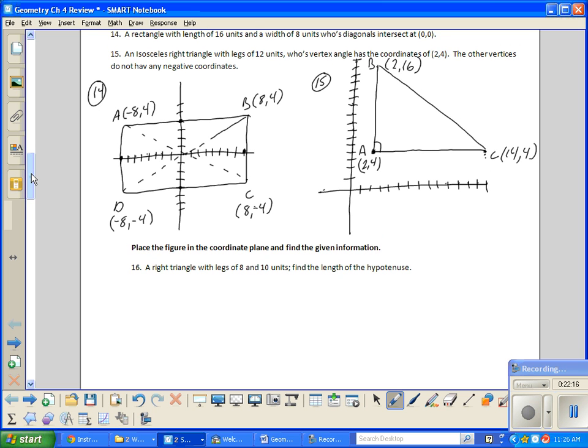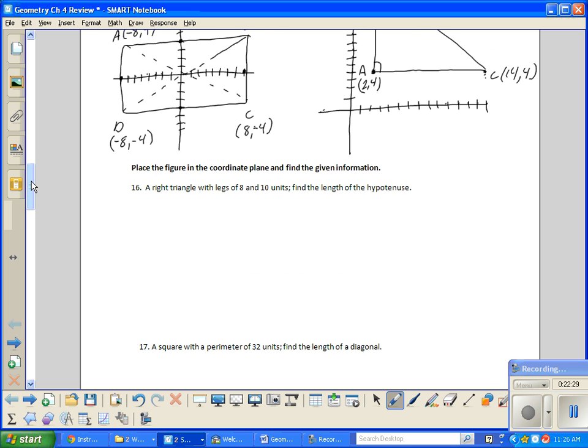All right, so then 16 wants us to place a figure in the coordinate plane and then find the given information. So we're on a right triangle with legs of 8 and 10 units. So 1, 2, 3, 4, 5, 6, 7, 8. 1, 2, 3, 4, 5, 6, 7, 8, 9, 10.